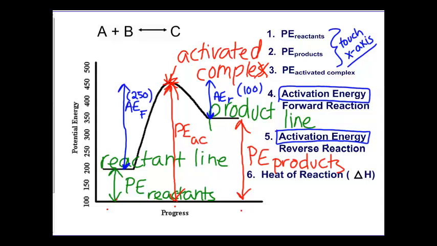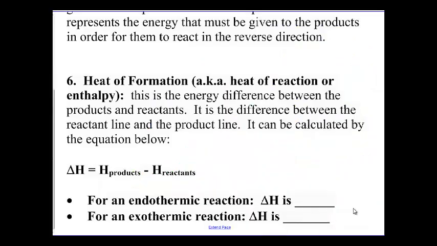And then finally, the last thing that we have to label on this curve is something called delta H, or heat of reaction. Okay, so the last thing we have to label is this thing called delta H. And delta H is number 6 in your notes here. It has a bunch of different names. It has aliases. It's the heat of formation.